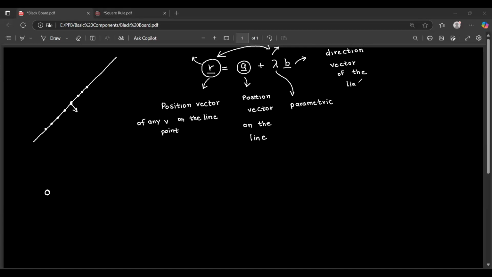Now I want you to think of the straight line equation that we normally use, the gradient-intercept equation, y = mx + c.